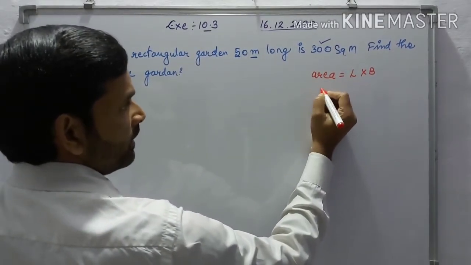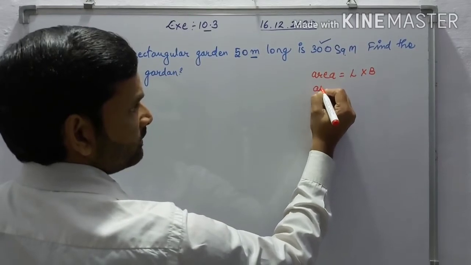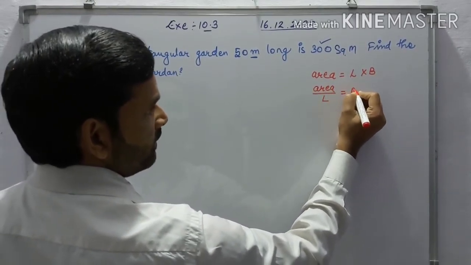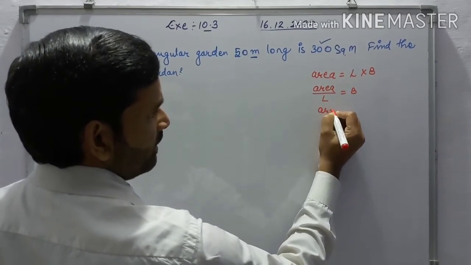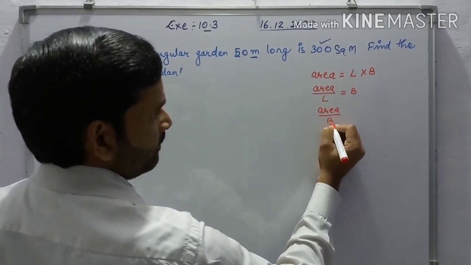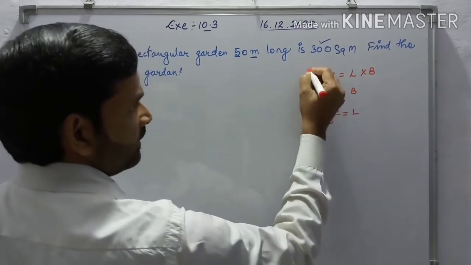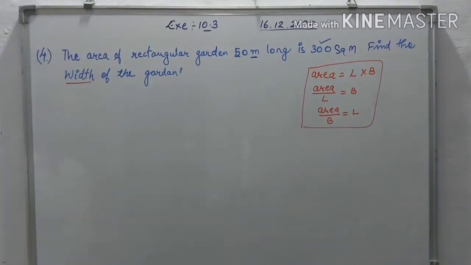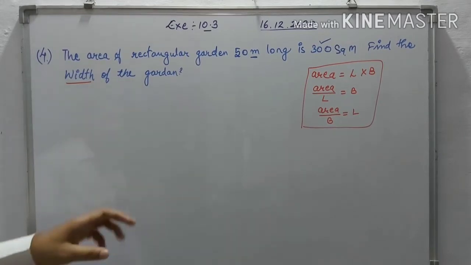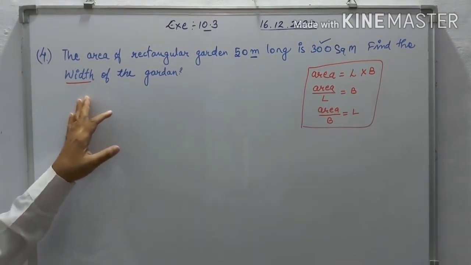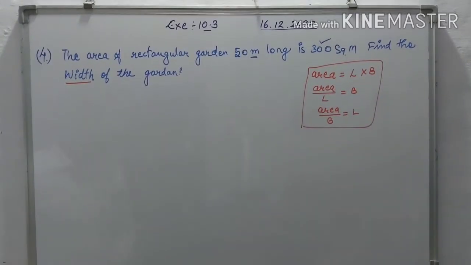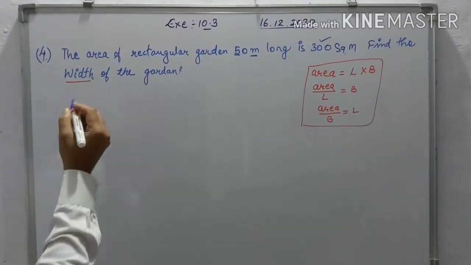Suppose you find the breadth, then breadth is area upon length, and length is area upon B. These three formulas will be used, any types of question are solved. Okay, so this question will be used to find the breadth, means you find the second number.